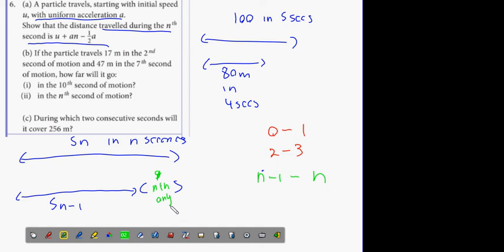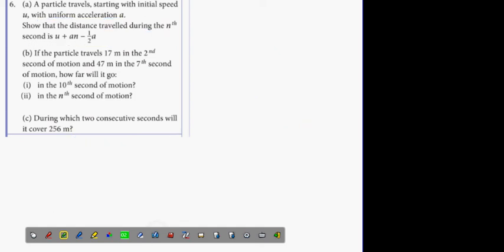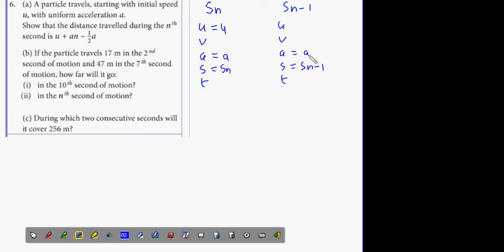Okay? So, therefore, what we're going to do is two different data sets. We're going to do Sn and Sn minus 1. So SUVAT, both start off with u, they both have an a, we need to find out what Sn is. We need to find out what Sn minus 1 is. A, u.